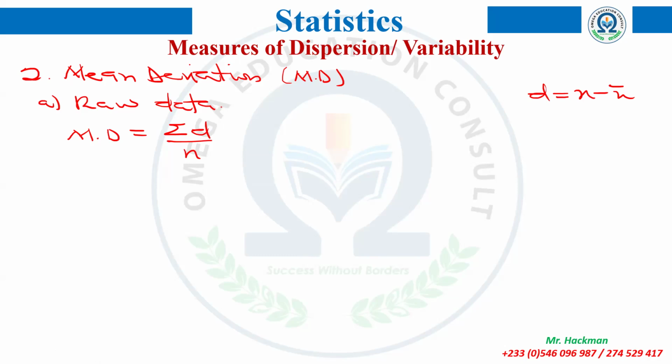So if you add, the negatives will cancel out the positives, giving you a 0 result. But the mean deviation is not 0, and we have to avoid this situation. To take care of it, we take the absolute value of the deviation.